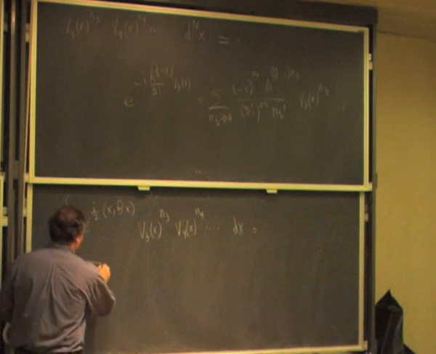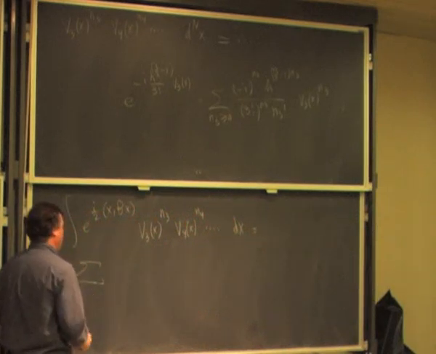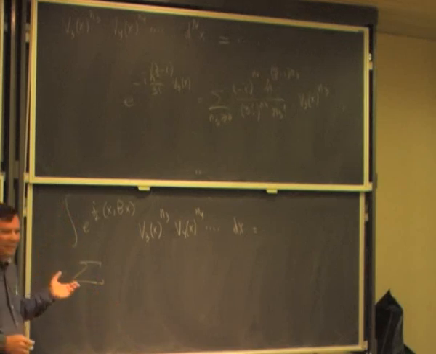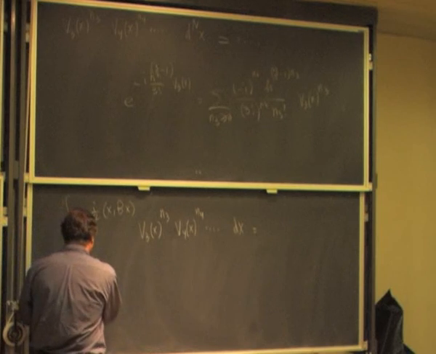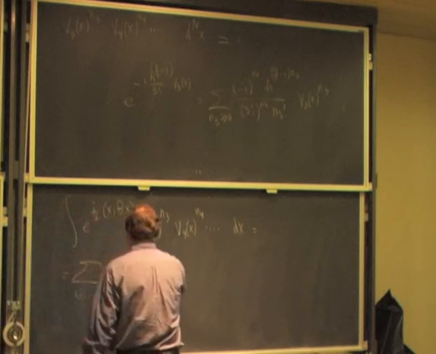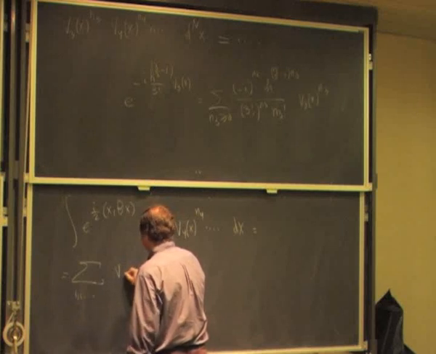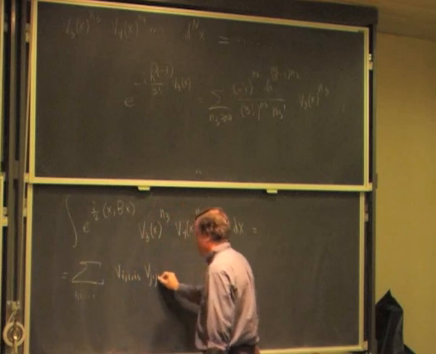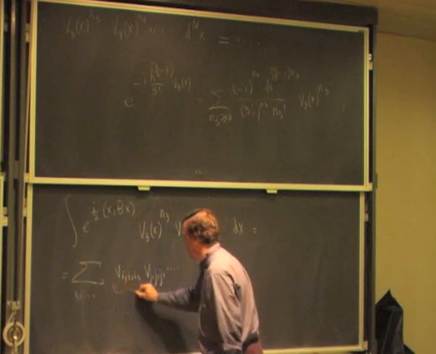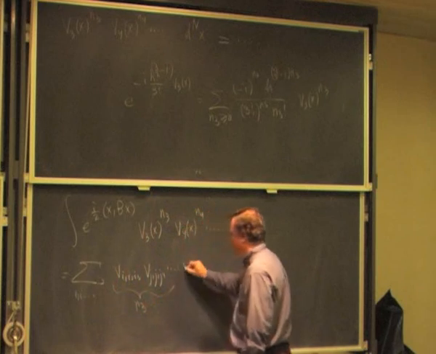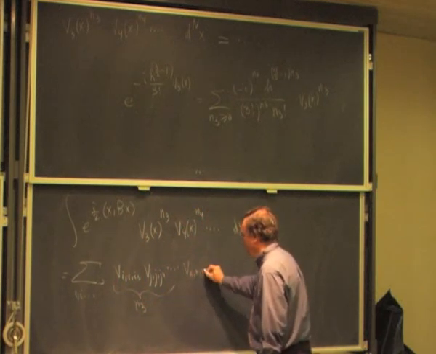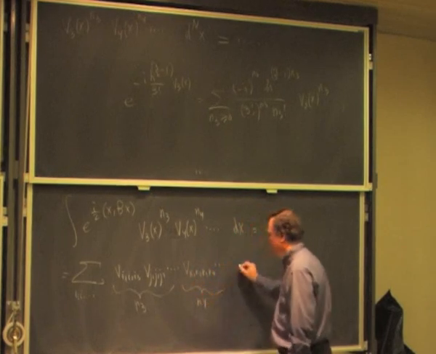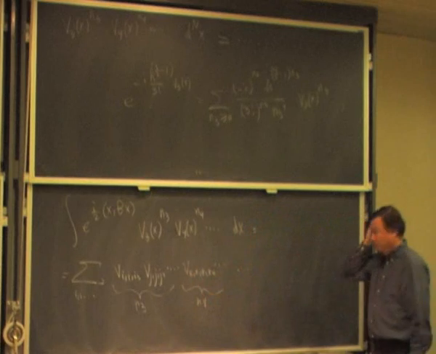So we can write this as, there are not so many indices in the world to express this thing, so I'll just write a few. So v i1, i2, i3, v j1, j2, j3. There are n3 of those. Then v k1, k2, k3, k4, and so on. There are n4 of those, and so on.